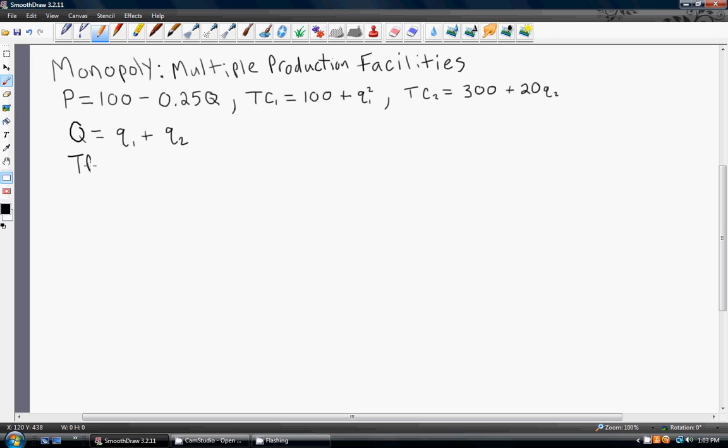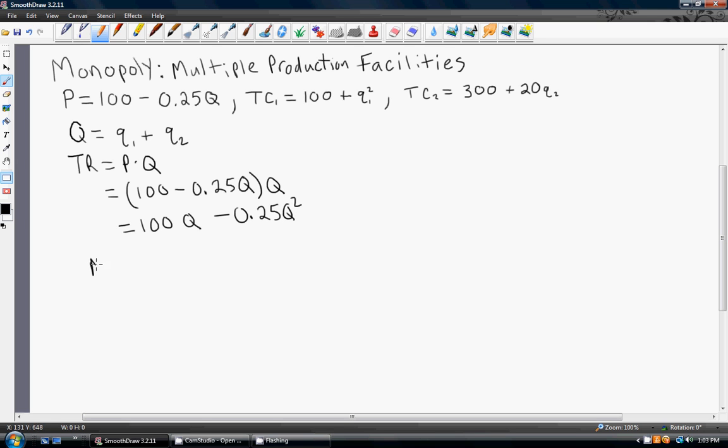Total revenue equals price times quantity. Price is 100 minus 0.25 times Q, and that is all multiplied by Q. Simplifying, we get that expression.